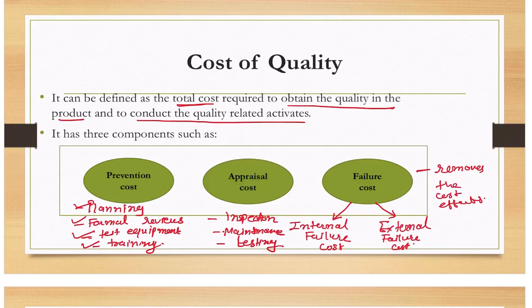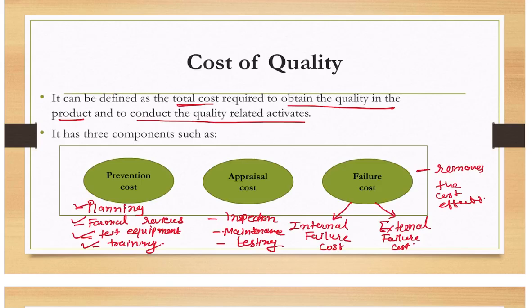It may be of two kinds: internal failure cost or external failure cost. Internal failure cost is nothing but the cost of defects occurring in the product before delivering it to the customer. For example, repairing of a communication network, like this.